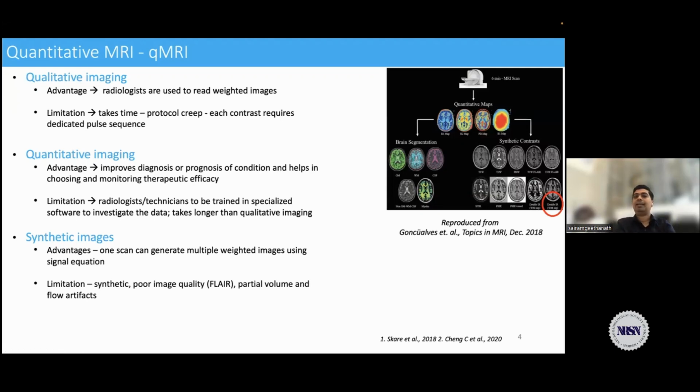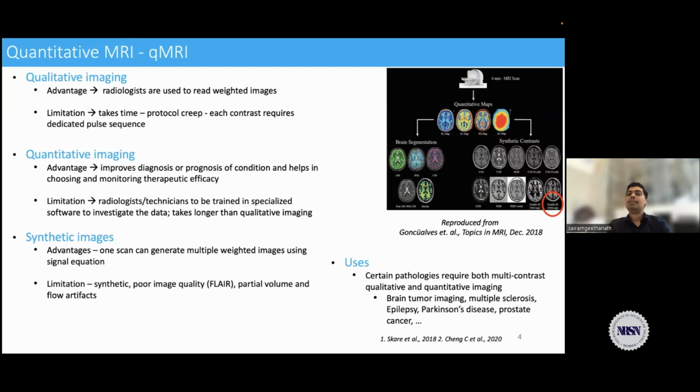What I mean by that is effects of flow, some of the effects of diffusion show up as artifacts. Then you have the issue of partial volume because at the MR resolution, each voxel comprises multiple types of brain tissue, like we all understand and know. So there are these limitations with that.